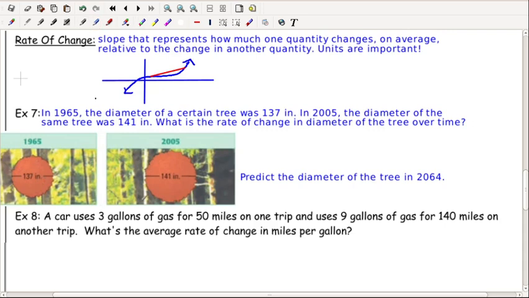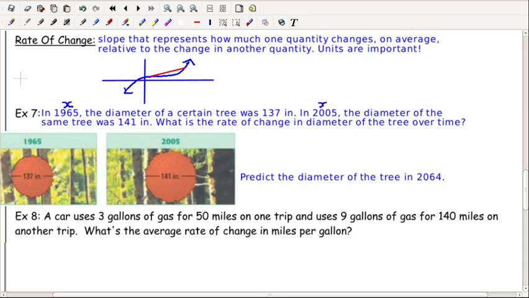So, for example, in 1965, the diameter of a certain tree was 137 inches. In 2005, the diameter of the same tree was 141 inches. What is the rate of change in diameter of the tree over time? So we're going to use the same idea. In this case, our time is going to represent our x value.